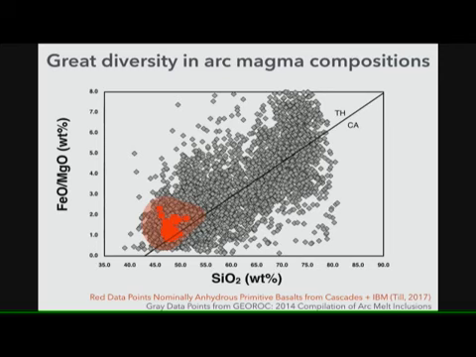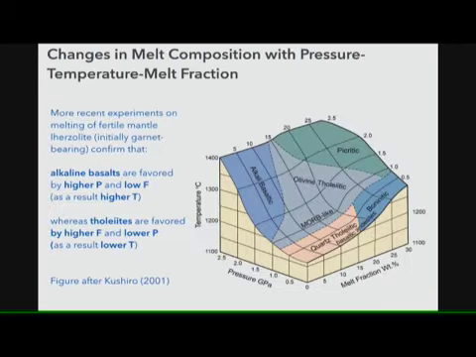In this red field, we can simply get those by dry mantle melting and variations in the temperature of melting, for example, or the pressure of melting. So this is a very simple, straightforward way to get primitive basalts that erupt in arcs of that composition. Any questions about that? Okay.